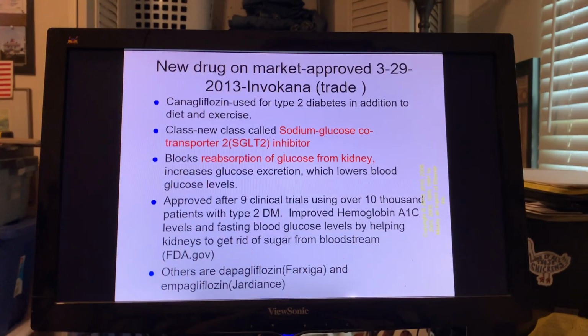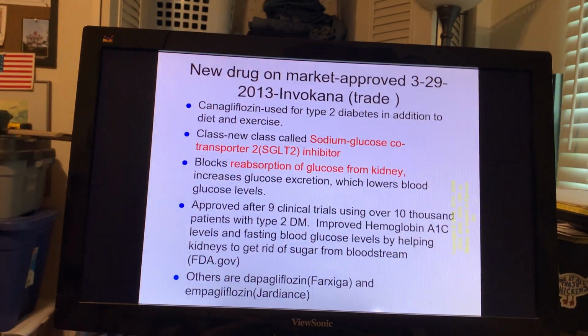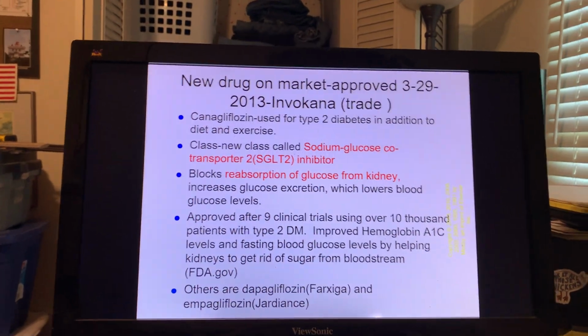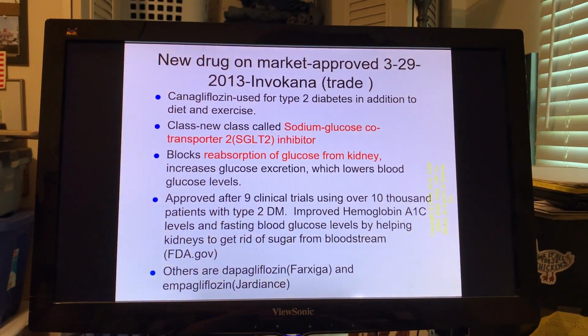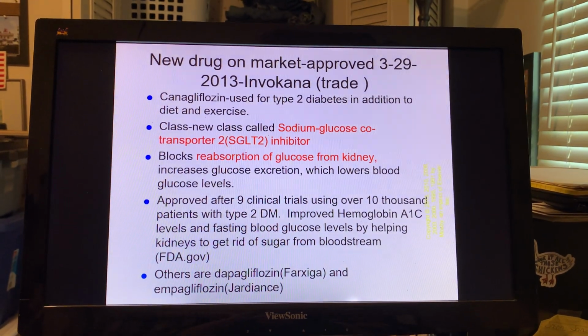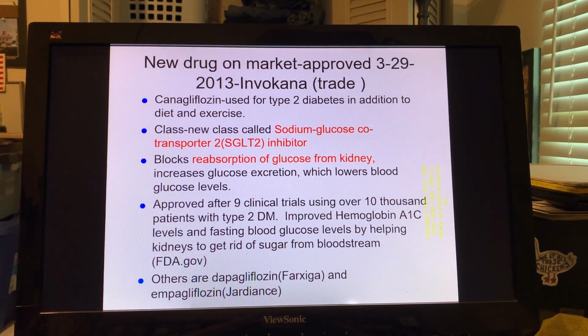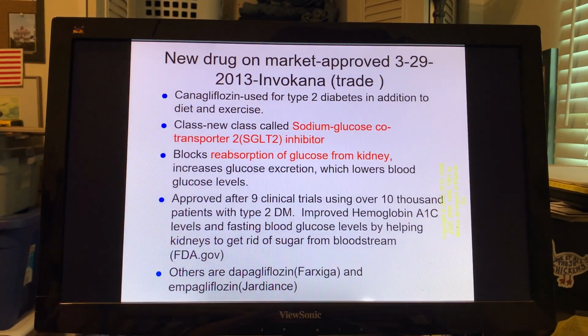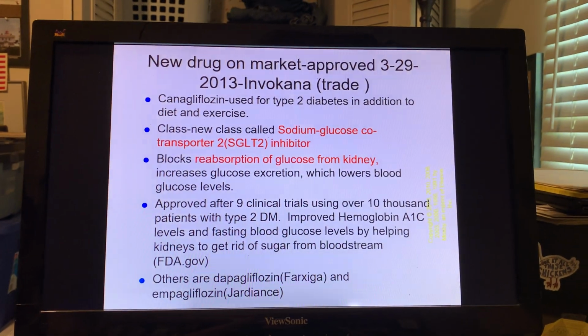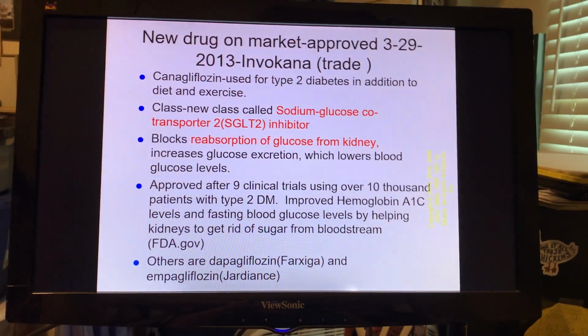Now, it used to be if you had sugar in your urine, that was a sign that you were spilling too much. And you usually would see that with uncontrolled diabetes. And that used to be a test. You'd do a dipstick in your urine, and if you saw sugar in it, you needed to change something that you were doing.